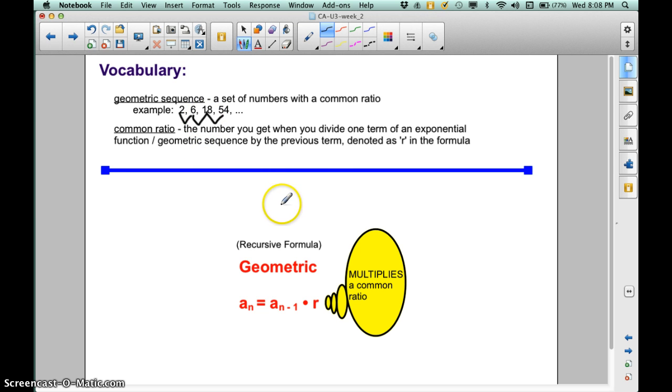Below the blue line is the formula right here for a geometric sequence. This is the recursive formula. And if you remember, the recursive formula uses things like a sub n, which means a term, and a sub n minus 1, which means the term before it.